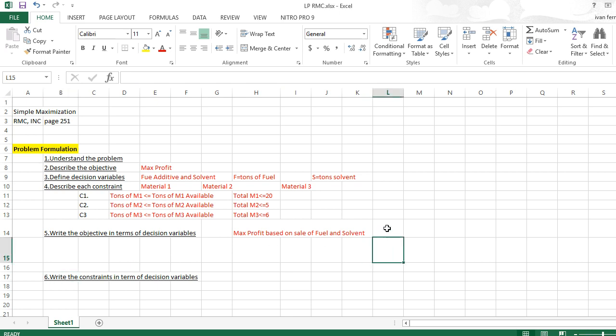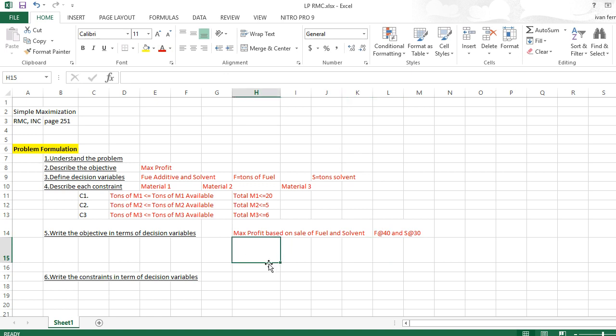So I'll write it here: fuel at 40 and solvent at 30.